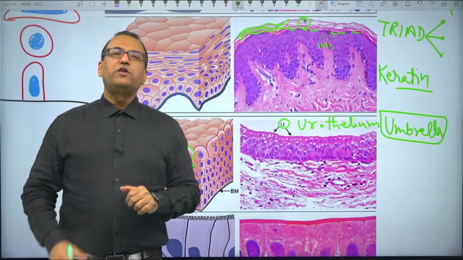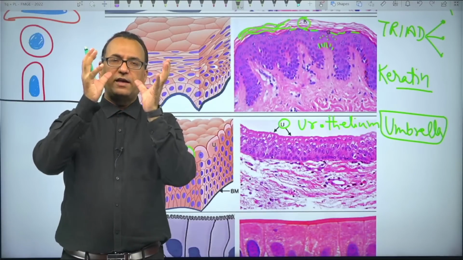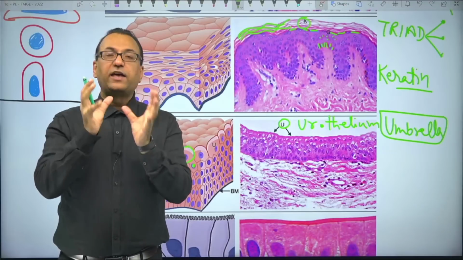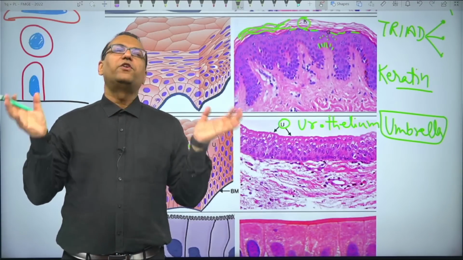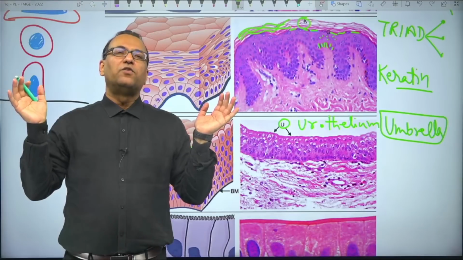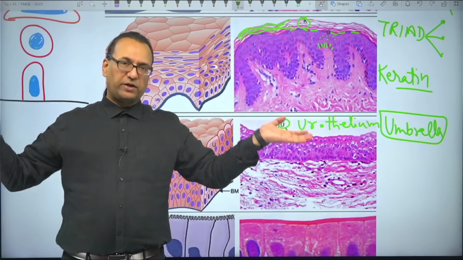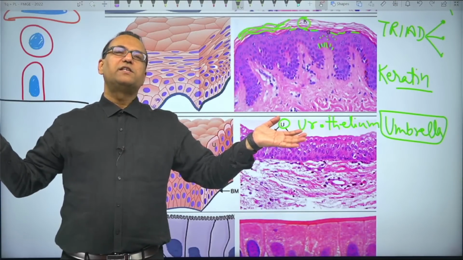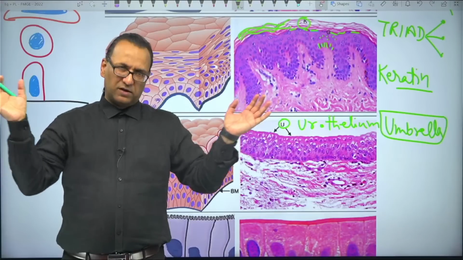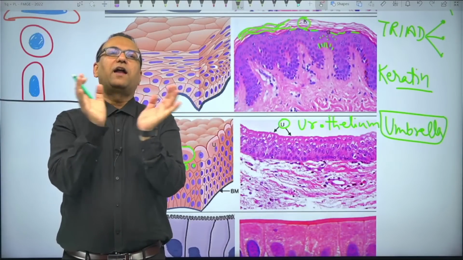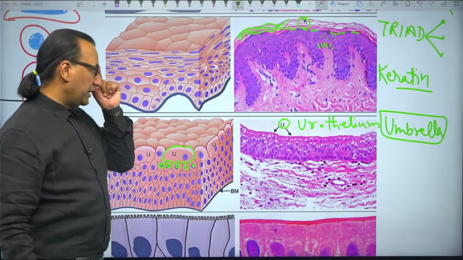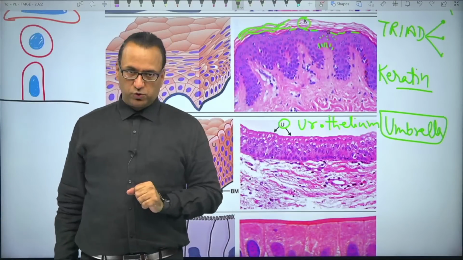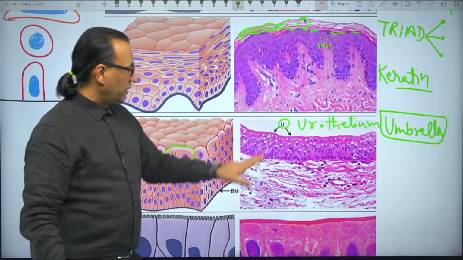If you talk about ureter and urinary bladder, they basically take care of the movement of urine and storage of urine. If urinary bladder is full of urine, the cell will stretch, and if urine is not available in the urinary bladder, there will be a flaccid bladder and the cell will relax. So stretchable epithelium, urothelium, and this is the appearance you must train your eyes for.